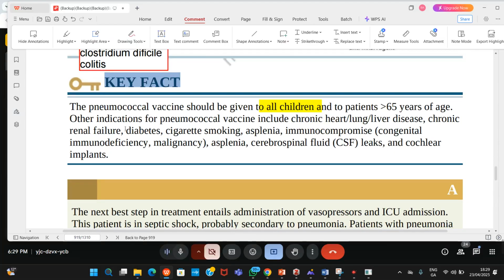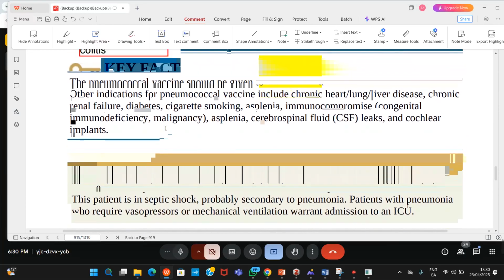Another indication for the pneumococcal vaccine is anybody with any chronic problem: CLD, CKD, diabetes, smoking, asplenia, immunodeficiencies, CSF leaks, cochlear implant. They all need to get the pneumococcal vaccine.